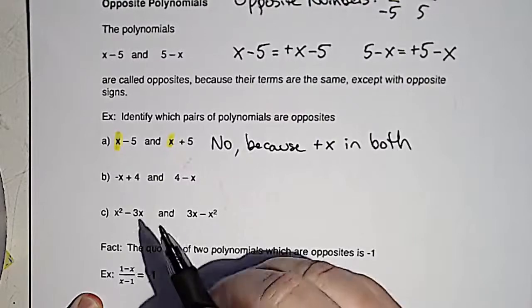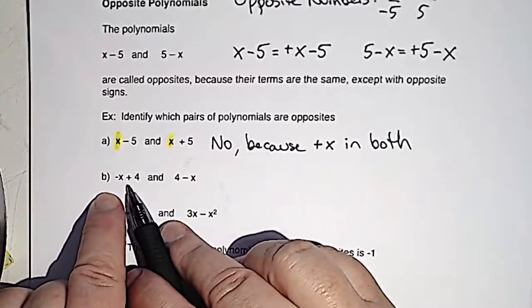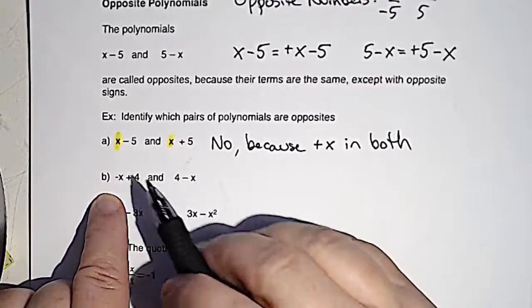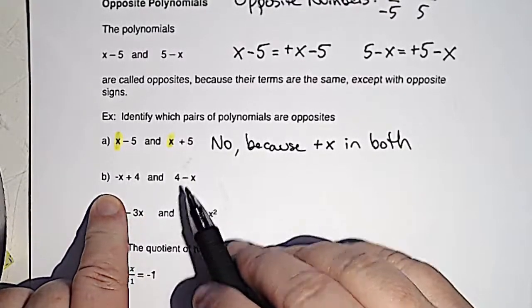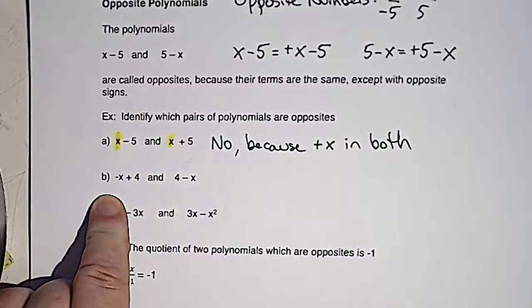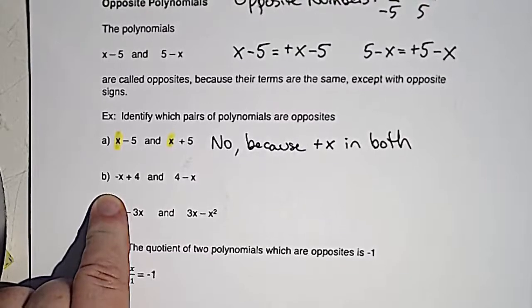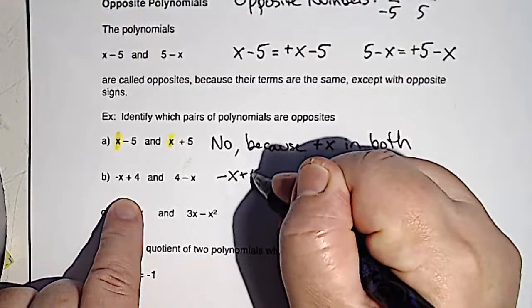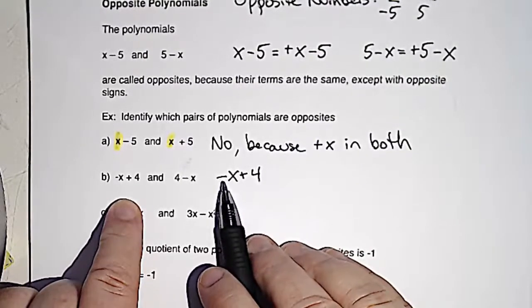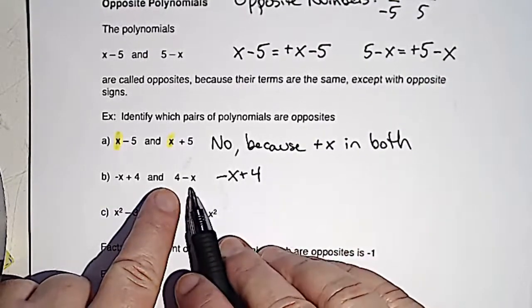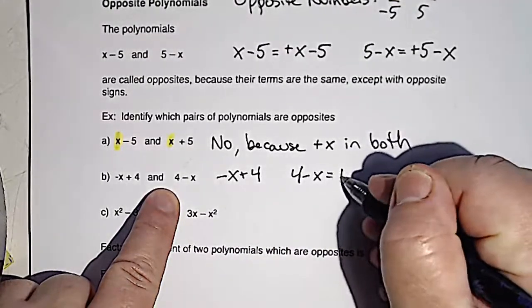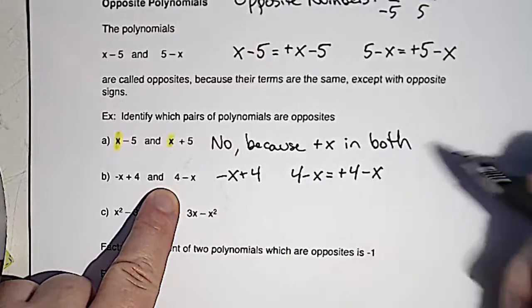Okay, next up, B. The opposite of x plus 4, and then 4 minus x. That looks pretty good. I've got the plus in the middle here and the minus in the middle there. Are these opposite polynomials? And hopefully you said no. Why is that? Notice the x has the minus, the 4 has the plus. I just changed the order. 4 minus x is positive 4 minus x.